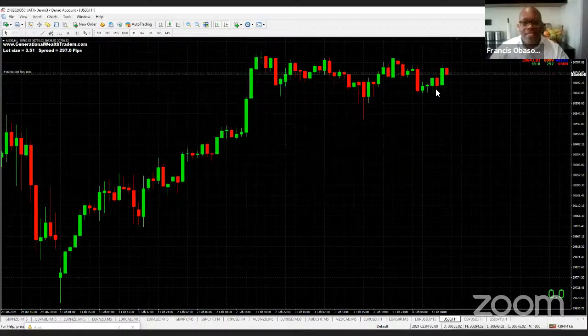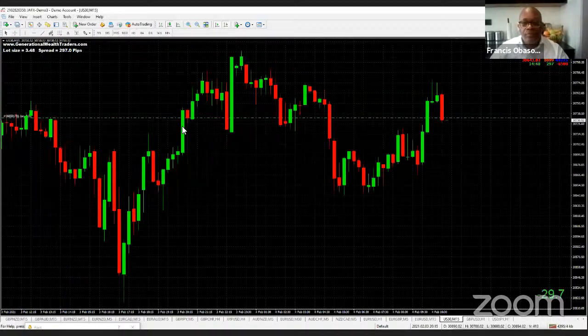Okay, so I've entered that trade now. You can see it says minus 29.7. That is the spread. So the spread for this asset, the Dow, came out at about 27.